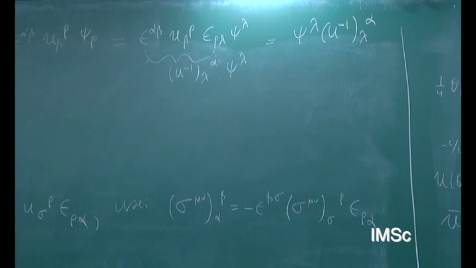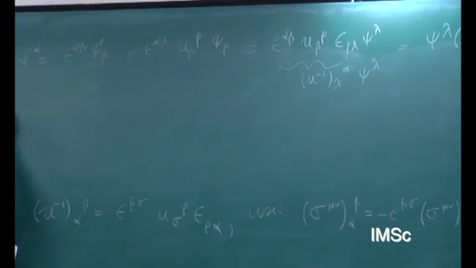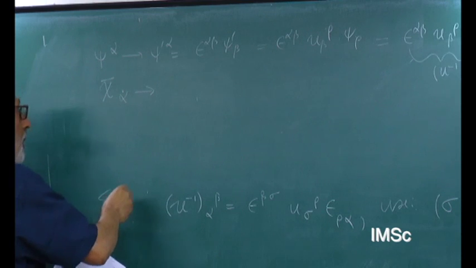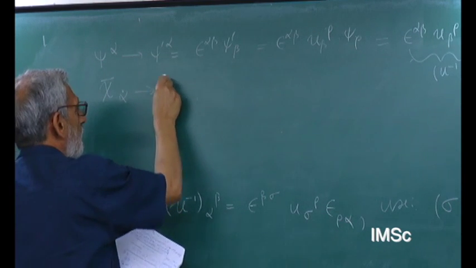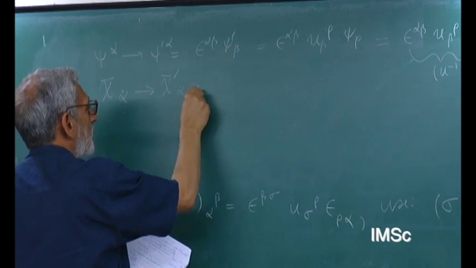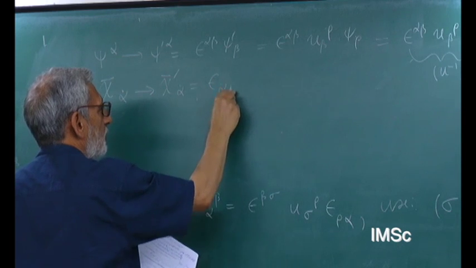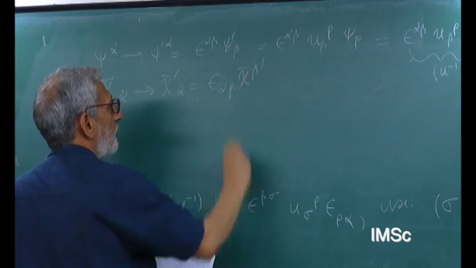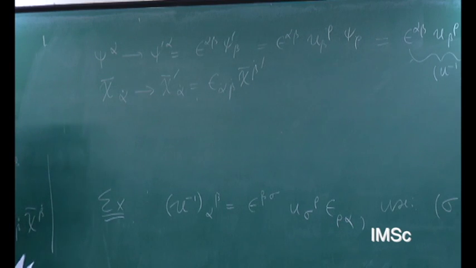If you do the same exercise for now psi bar, chi bar alpha dot down goes to chi bar prime alpha dot down, and use the alpha dot beta dot rule.